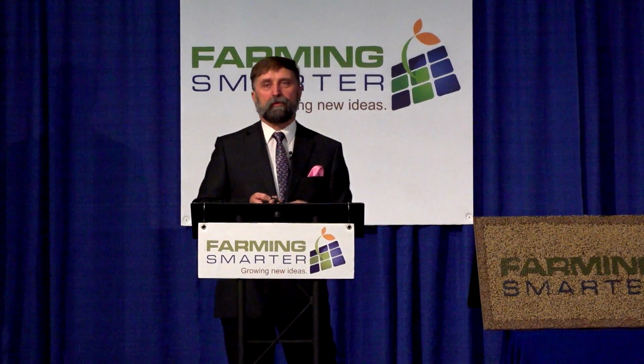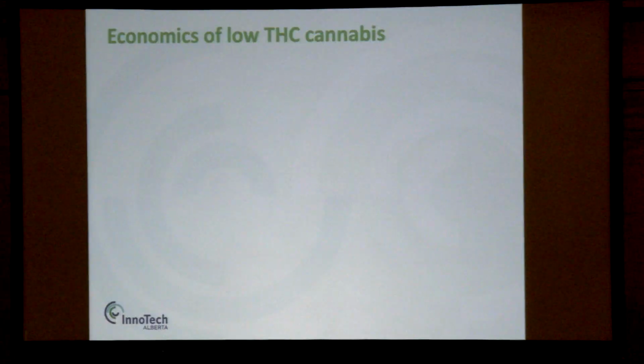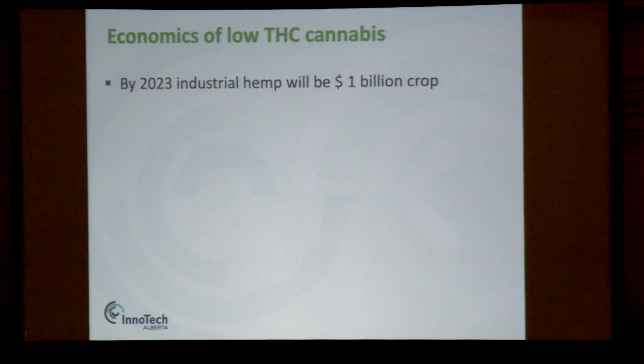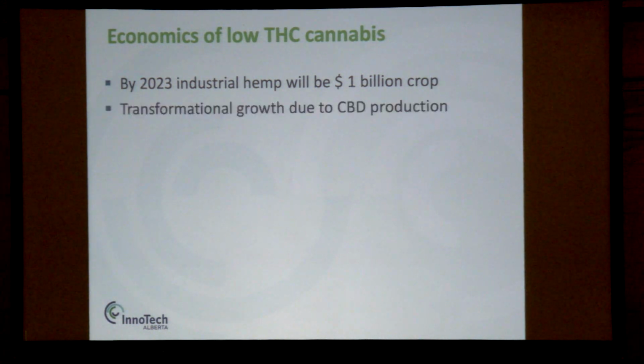So why did I say so? Because 2 years ago, Keith, we put together the economics of low THC cannabis or industrial hemp. And CHTA, the Canadian Hemp Trade Alliance, we claim that by 2023, industrial hemp will be a $1 billion crop.